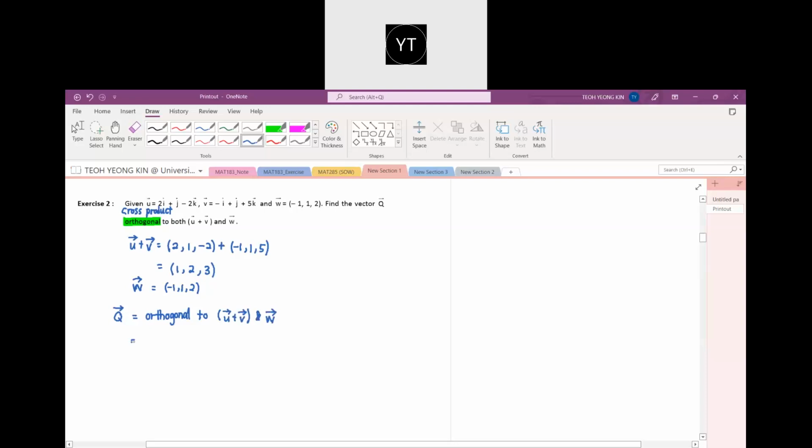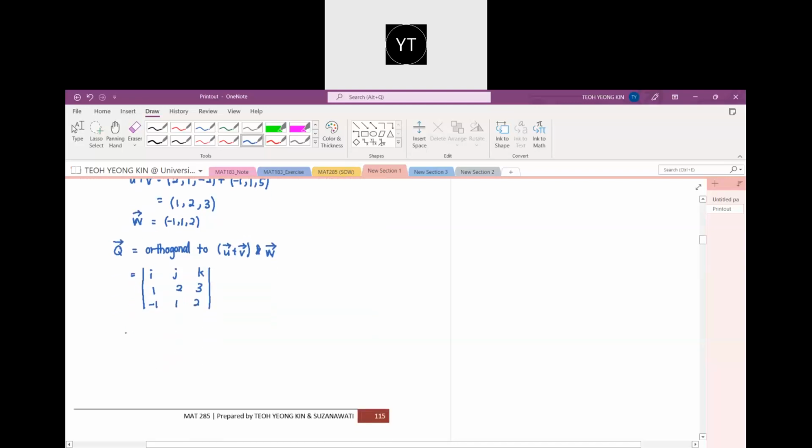What we have to do is find the determinants. So i, j, k. The sum of vector u and v is 1, 2, and 3, so put here 1, 2, and 3. And the vector w is negative 1, 1, and 2. Just like before, don't forget, here is positive, negative, positive.